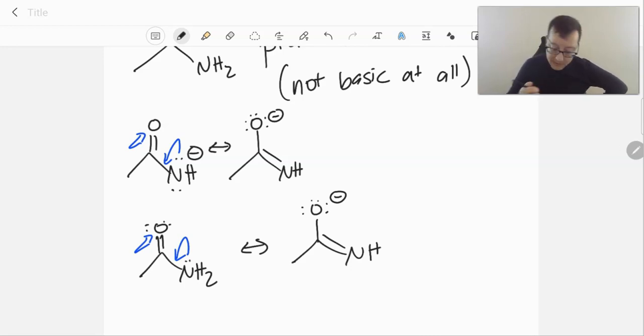Amides, because they spend a relatively good deal of time in this form, because it's not terribly unstable, right? We have added formal charges, which is not a good thing. But we have octets everywhere. We have a negative on a relatively electronegative atom. We have a positive on nitrogen, but it still has its octet, so that's pretty good. As a result of this, it's actually pretty difficult to rotate along amide bonds. So we know that double bonds are rotation limited, right? They can't. And so we see, as a result of this, that proteins have a tough time rotating along this bond.